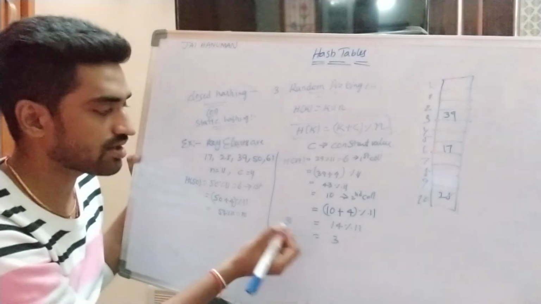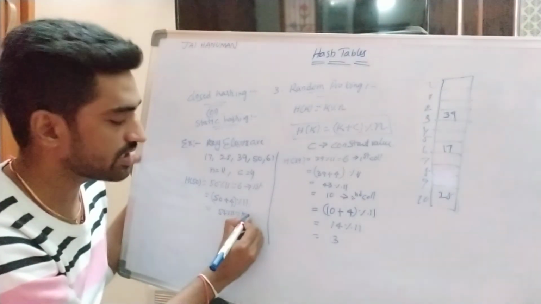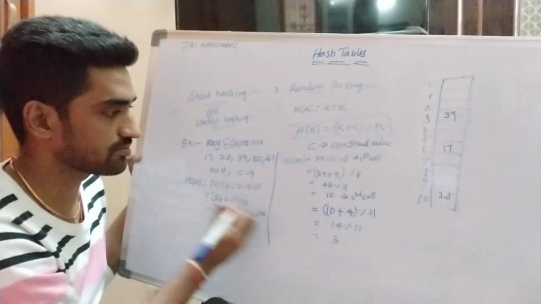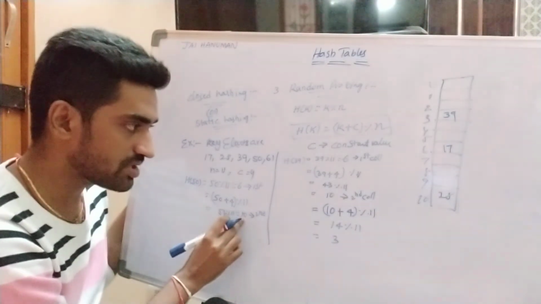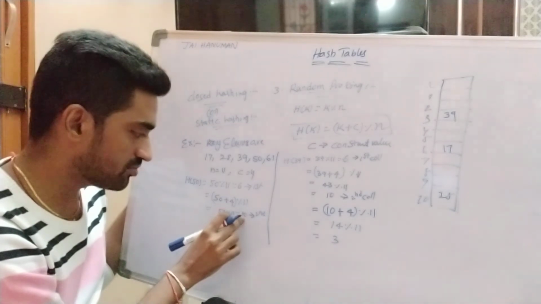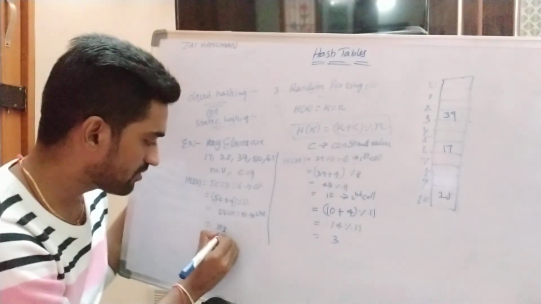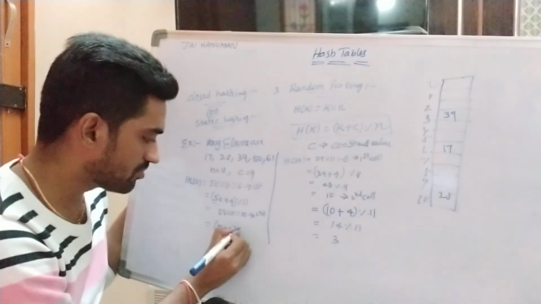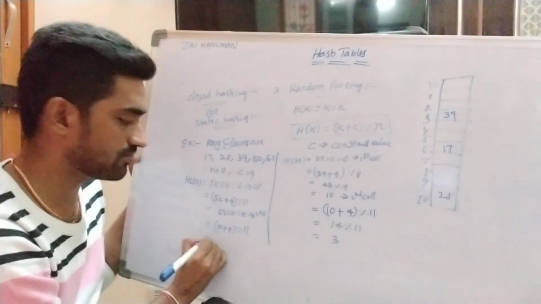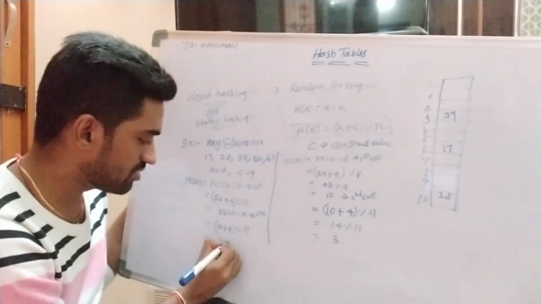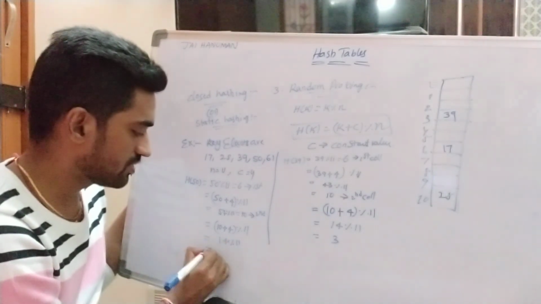So the 10th position is already occupied by 28. So that's why a second collision has occurred, right? So this is taken as the input key value, that is 10 plus 4 modulo division of 11. 14 modulo division of 11. So 3.